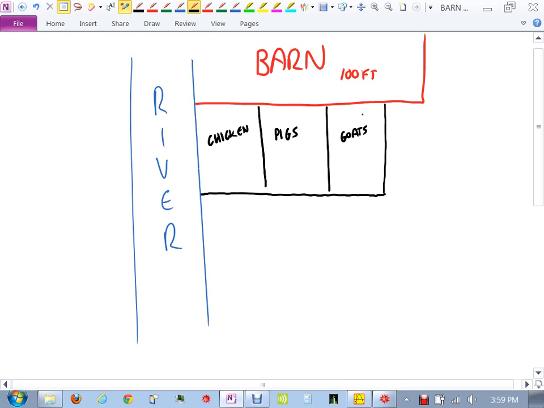I didn't do a problem like this, right? Let's say that here's the deal. You have the need to make each pen have an area of, let's say, 30 square feet.